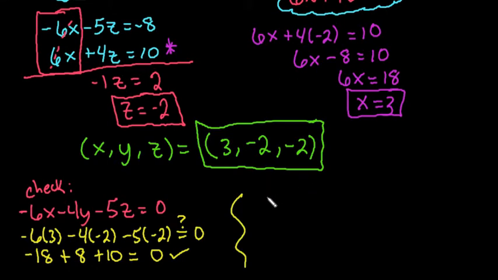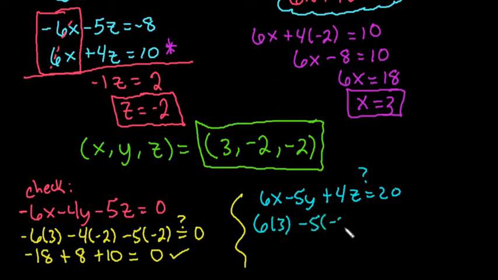The second equation was the 6x minus 5y plus 4z equals 20. We're going to see, is this true if I plug it in? So 6 times 3 minus 5 times negative 2 plus 4 times negative 2 equals 20.